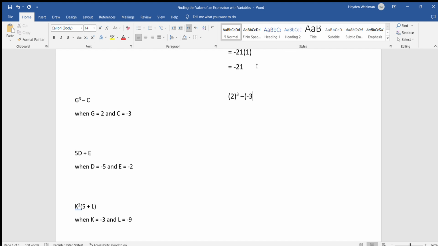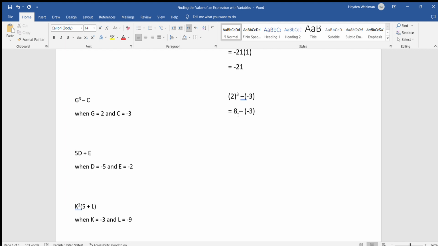We do the brackets. There are no brackets. So the next thing is indices, or exponents, or powers. So 2 is the base, 3 is the indice, or the power. So 2 to the power of 3 is 8, and minus negative 3.